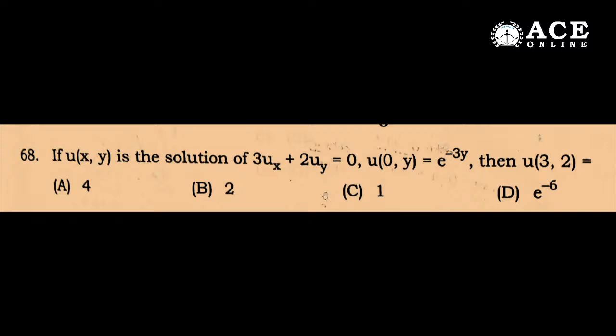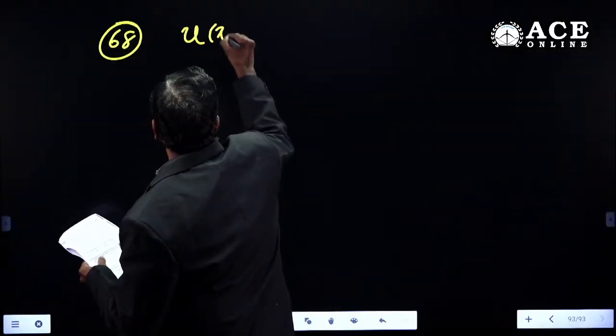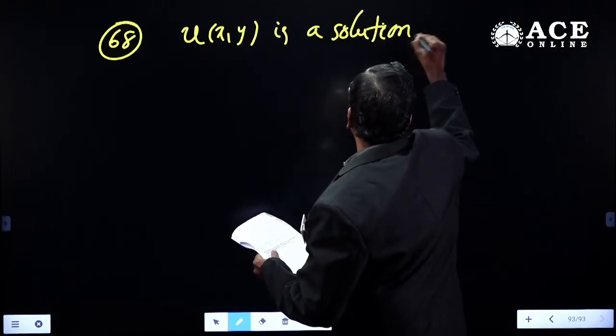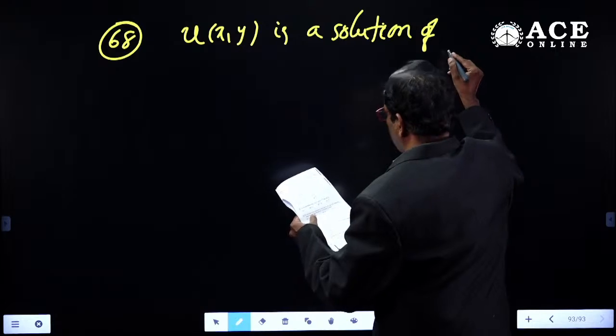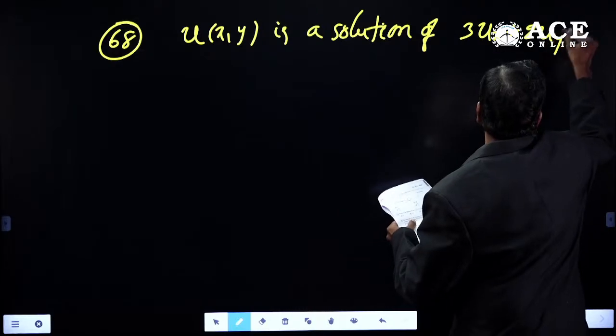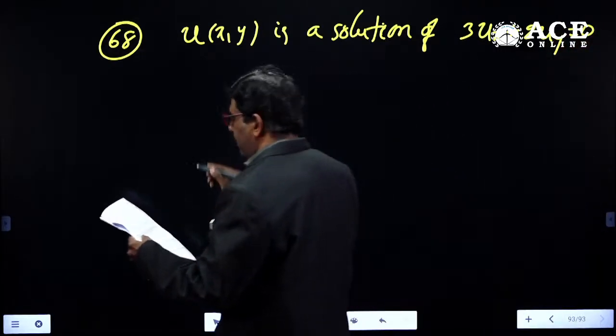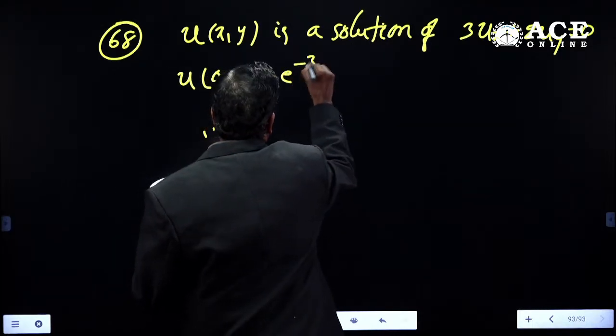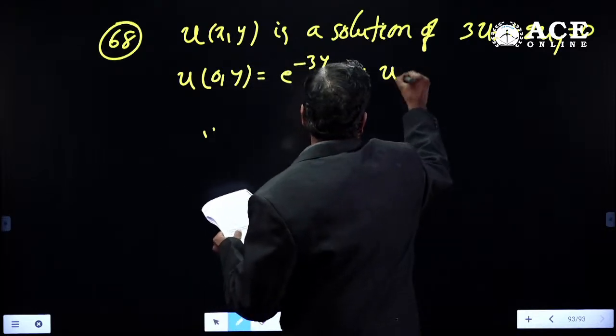This question is related to partial differential equations, separation of variables. u of x,y is a solution of 3u_x + 2u_y = 0, and the condition also given: u of 0,y is e to the power minus 3y. Finally, u of 3,2 is required.